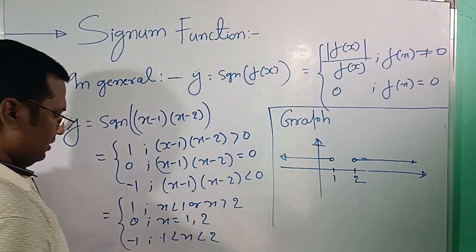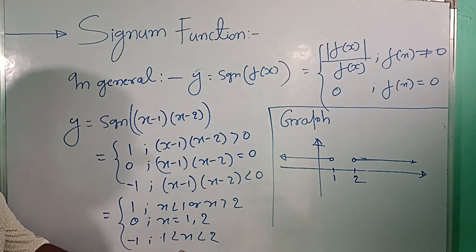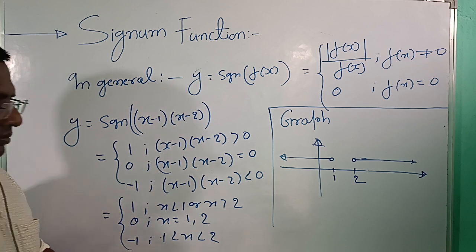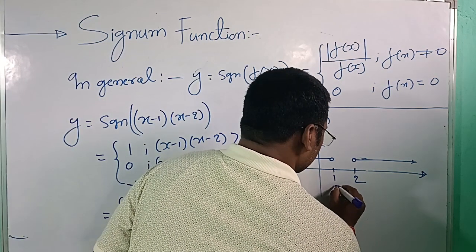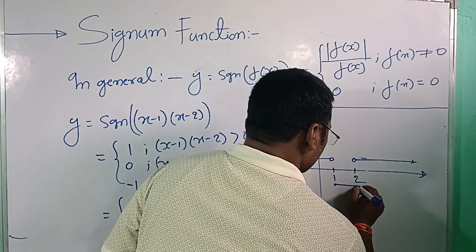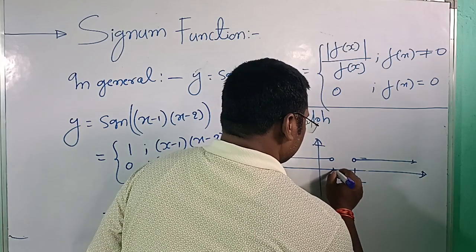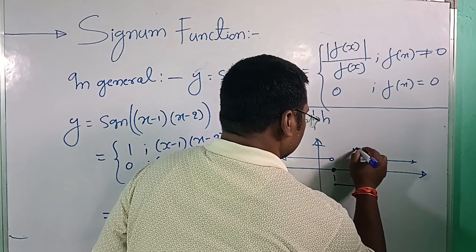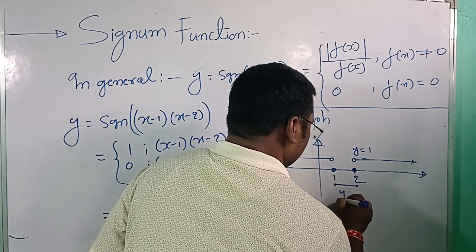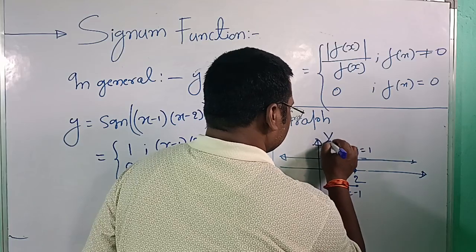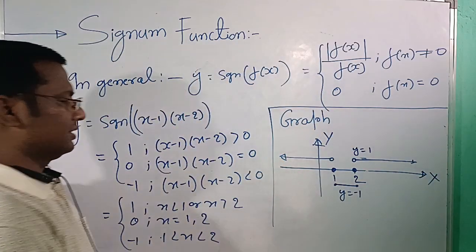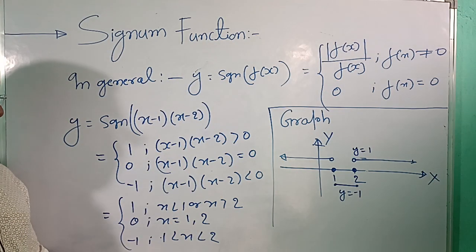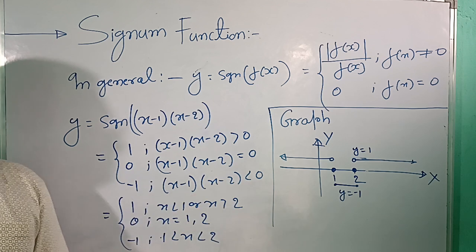This is 1, and this is minus 1 if 1 less than x less than 2. This is minus 1, and this is 0 at x equal to 1 and x equal to 2. This is y equal to 1, this is y equal to minus 1. Okay, so this is your graph. Write down.